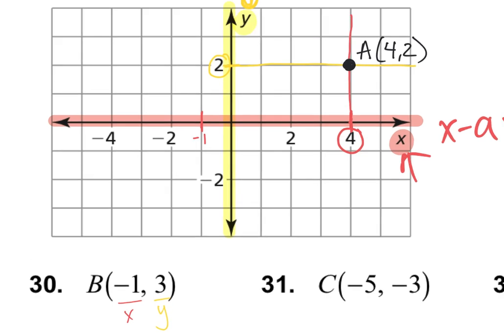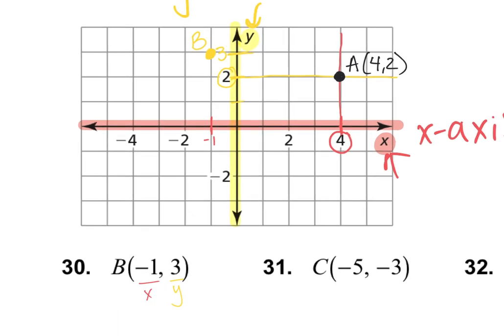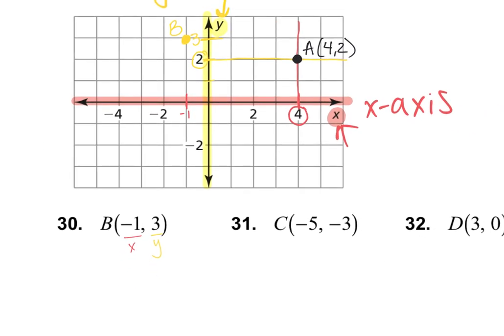And then it's 3 units in the y direction. So 3 units in the y direction would be up here. Even though it's not labeled, okay, it is 3 units above. So 1, 2, 3. And our point for B would be right here. We're going to label that B. It's -1, 3.